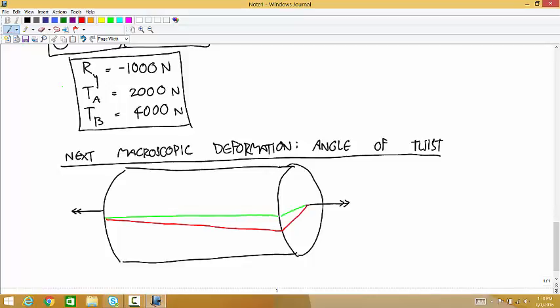That's exaggerated compared to the ones we're going to deal with. But you get a change in the angle of this line from the green to the red because of that torque. And if you measure this angle, call that phi, that's the angle of twist.